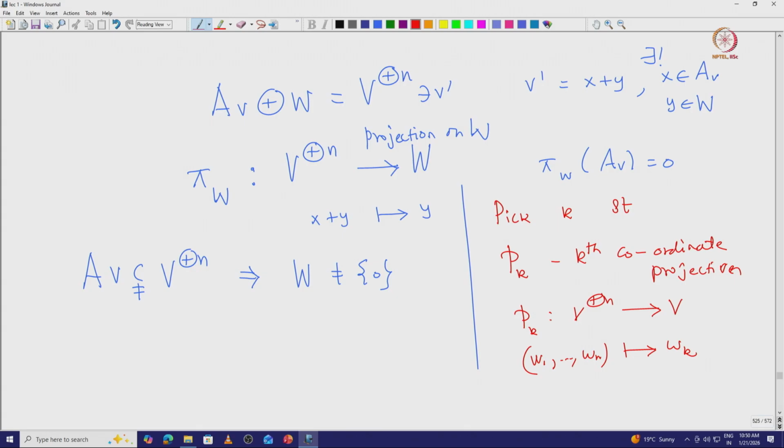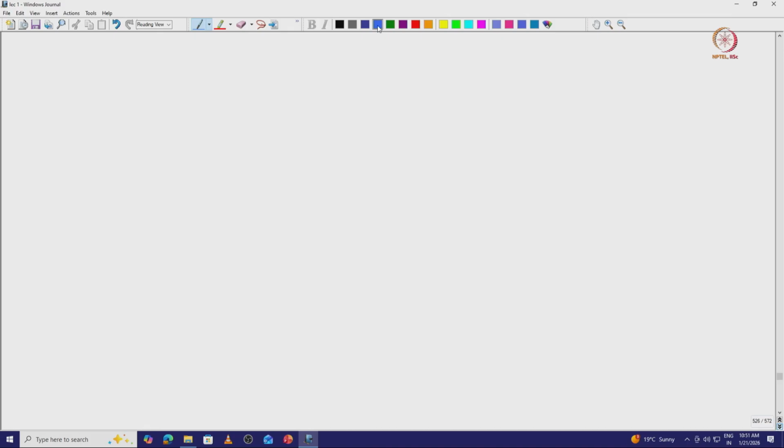And note that all these maps pi W and this Pk, all of them are indeed G maps or CG maps. So, they are all homomorphisms of representations.